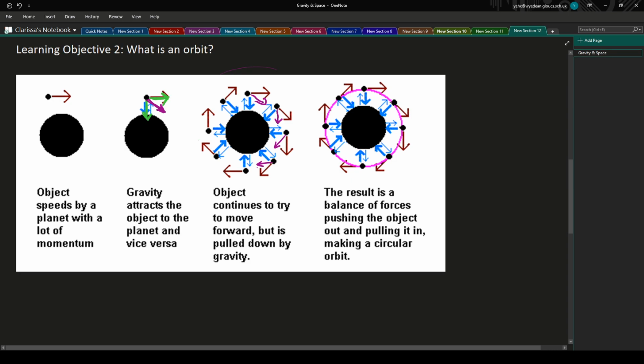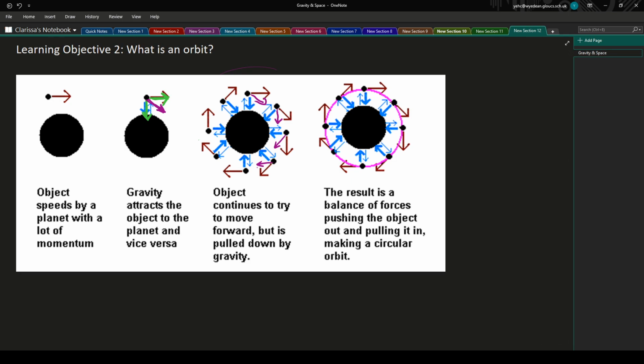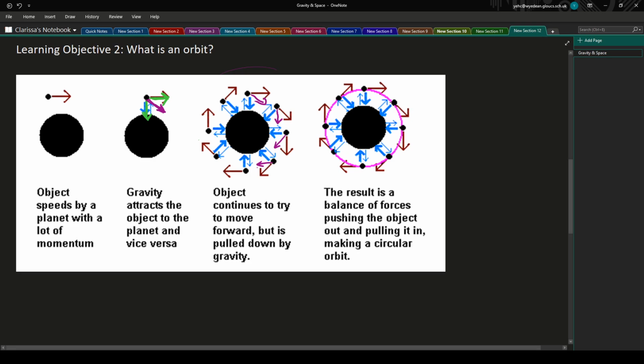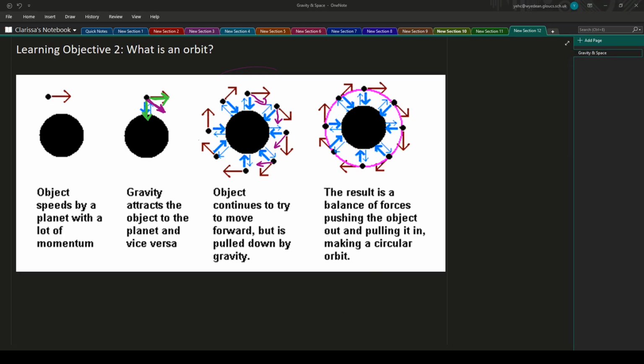Notice that there's a balance between it falling downwards towards the main object, the Earth or the Sun or whatever we're talking about, and its forward motion. And so it's falling, but it's never making it to the ground.